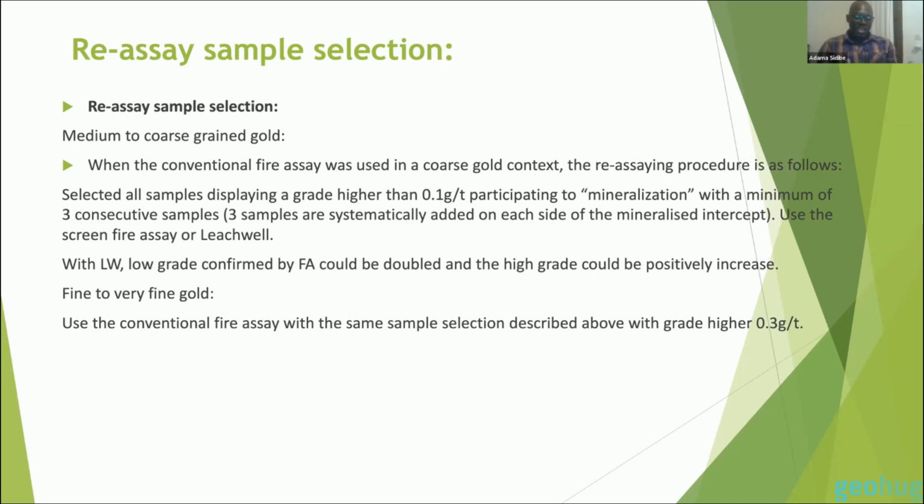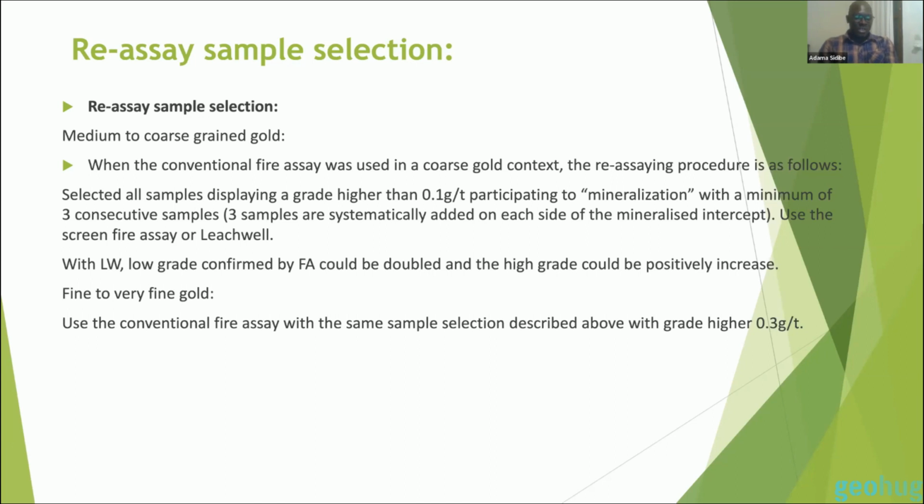Some projects use the conventional fire assay in high nugget deposits. To do the reassay and resampling selection, we have first to use the 50-50 splitter, as I said above, and use the Leachwell method or screen fire assay method. And the selection is as follows.